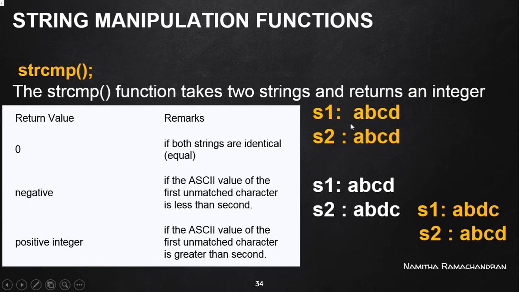So how does it perform this comparison? It considers the ASCII character of this and the ASCII character of this, and performs a subtraction: the first character's ASCII minus this character's ASCII. If they are equal, it returns value 0. Then go to the next position. Here the ASCII of this and the ASCII of this are equal because they are both small letter b, so after subtracting it returns 0 again.